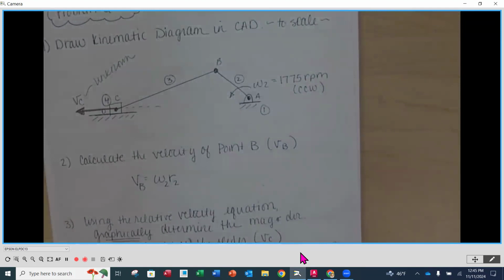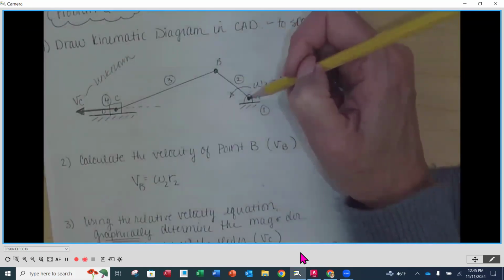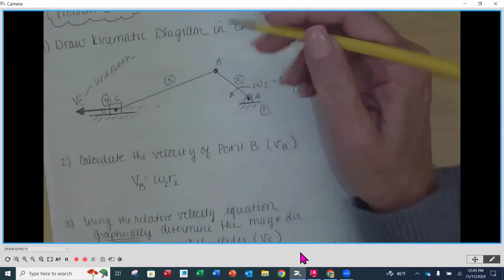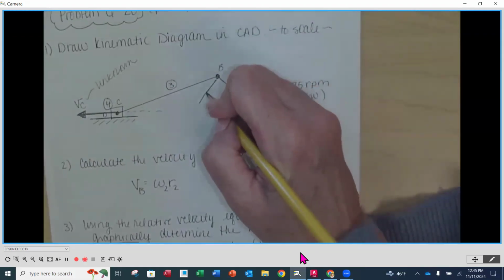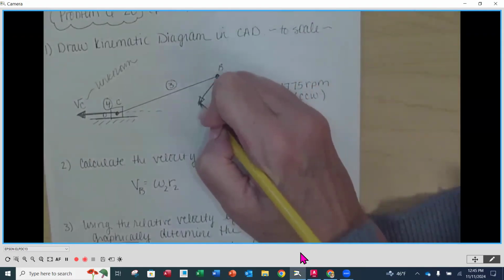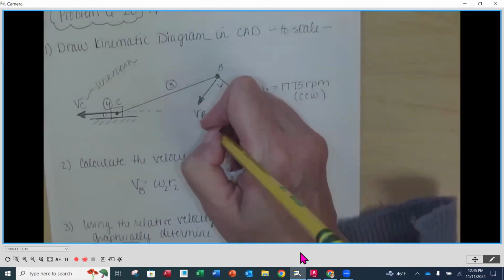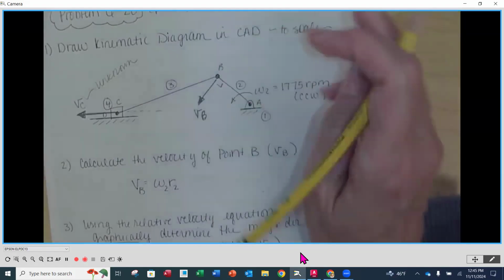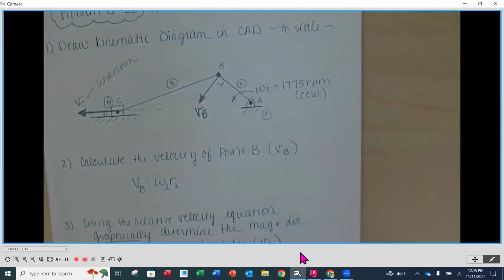So velocity B, we know, is going to be perpendicular to the link it's on. The link that's driving it is link number 2, so it's going to be back to the center of rotation. That means it needs to be in the direction of rotation. It's going to be down and to the left and perpendicular to that link. That's going to be the velocity of B. Velocity of B. There we go.